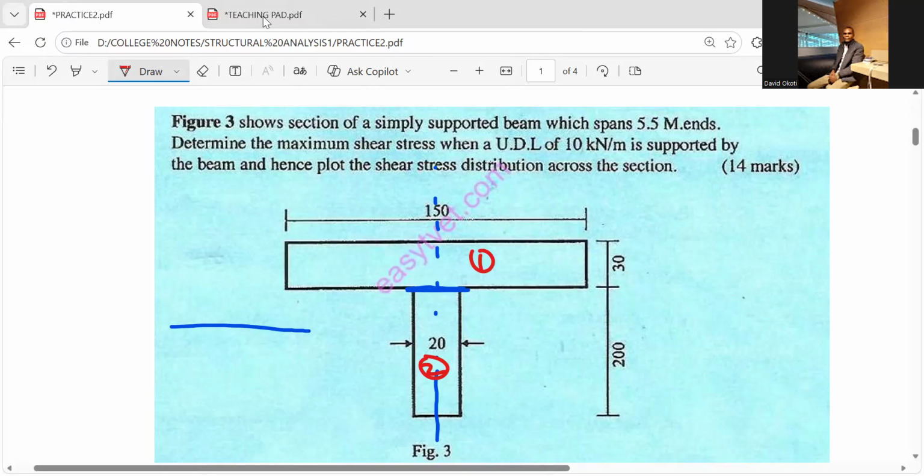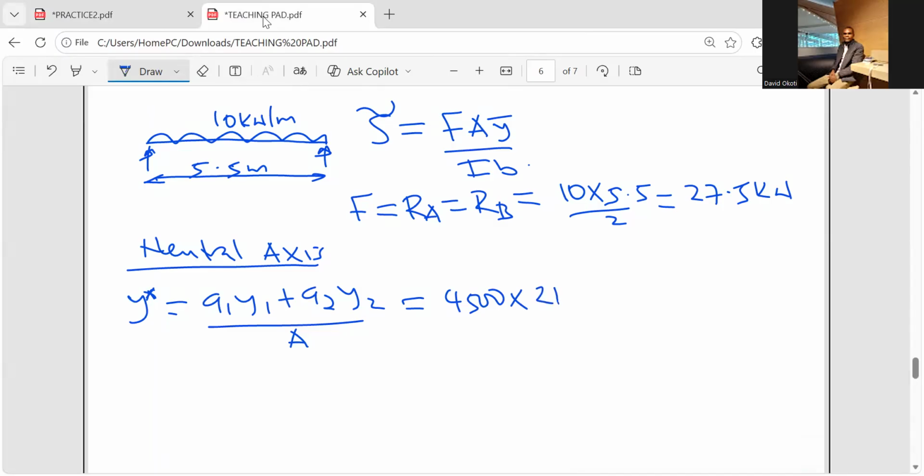To measure Y, you measure from the bottommost going upward, and if it is Y1, you measure to the center of area 1. Now for the case of Y1, the value is 200 plus a half of 30, which means it will be 215, because you measure from the bottommost to the center of the area of interest.